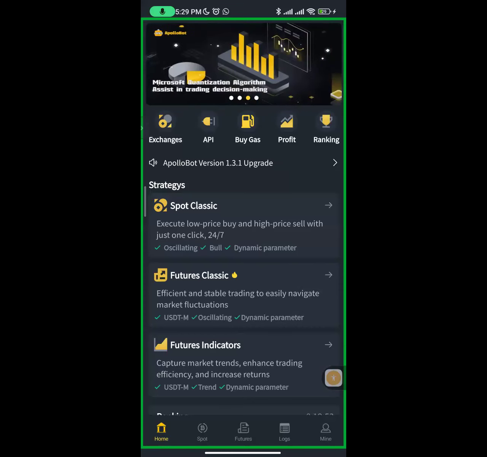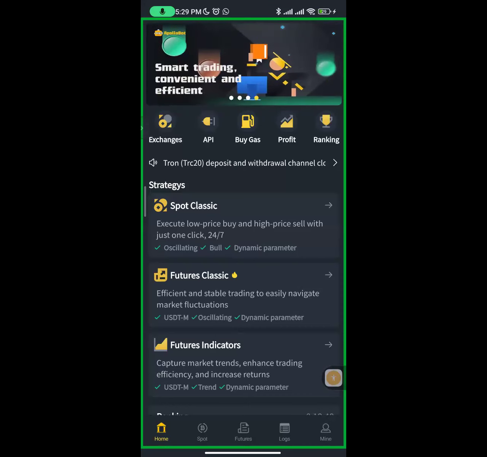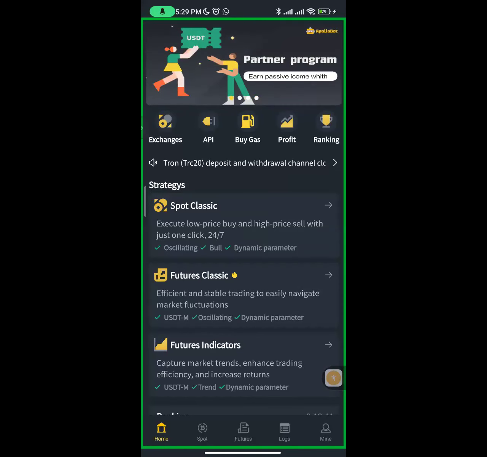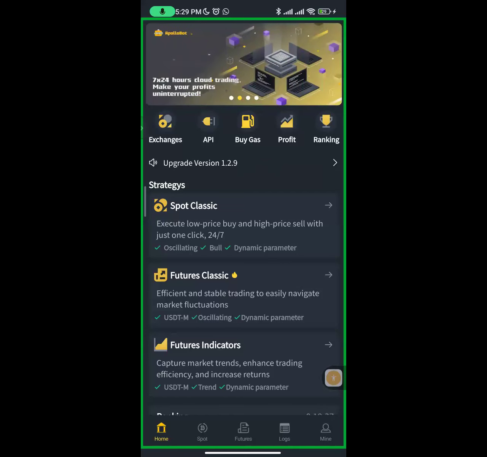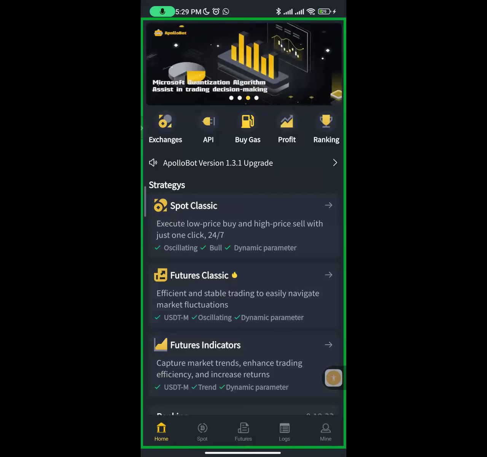Okay, so that's how good this robot can be. So you can leverage on the trading, on the affiliate and the partnership program, and it's going to really favor you.